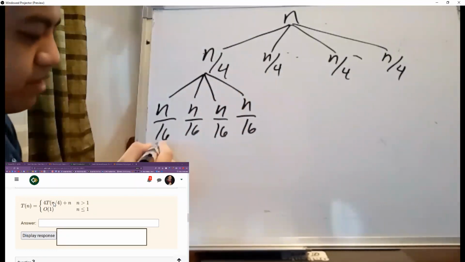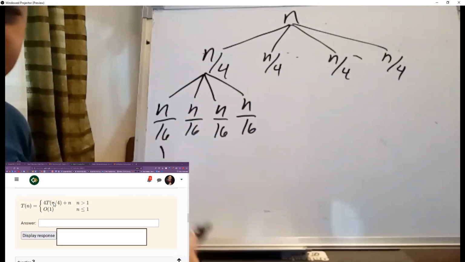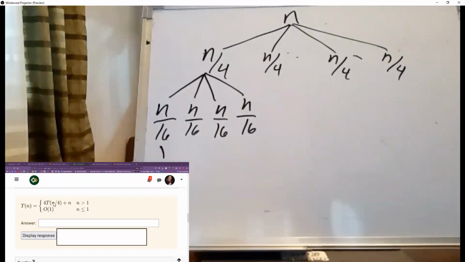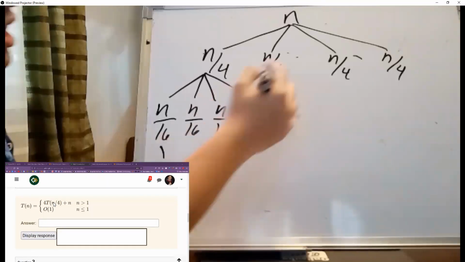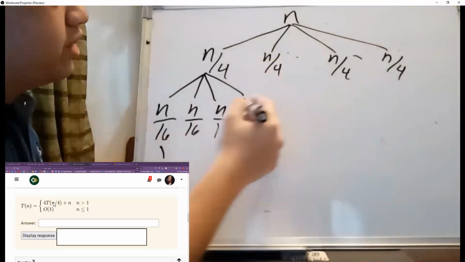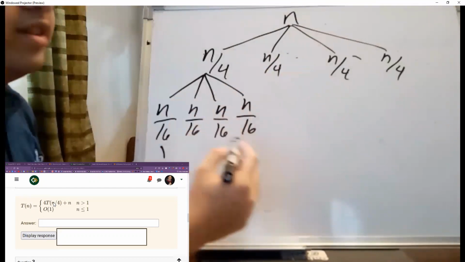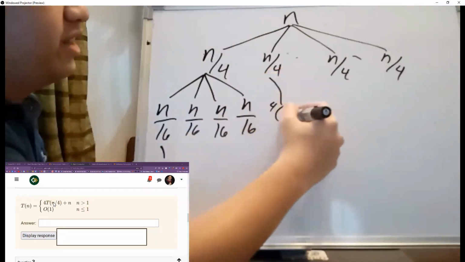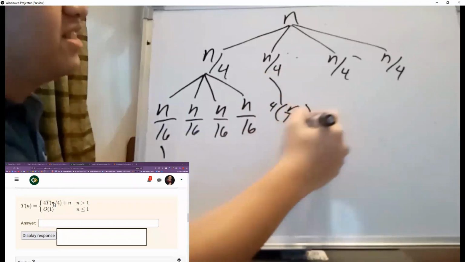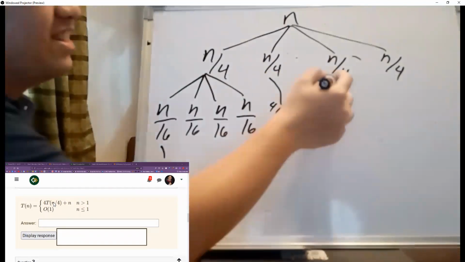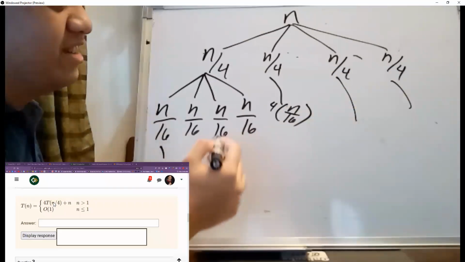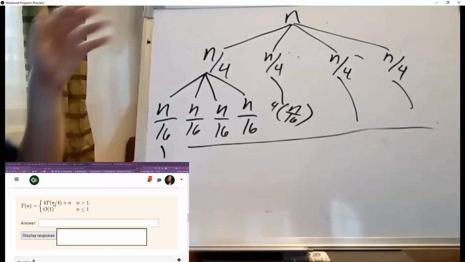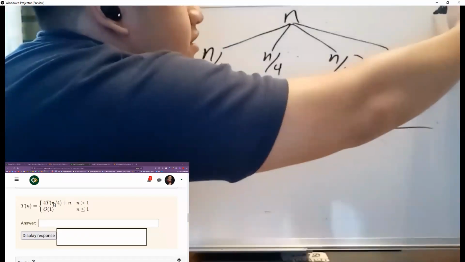And then ito is eventually, dadating siya sa point na magiging 1. So ito rin, si n over 4 na to is meron din siyang 4 na ganito. So let's just say, 4 na n over 16. So pwede yung pansinin per level. So first level, we have n na total.